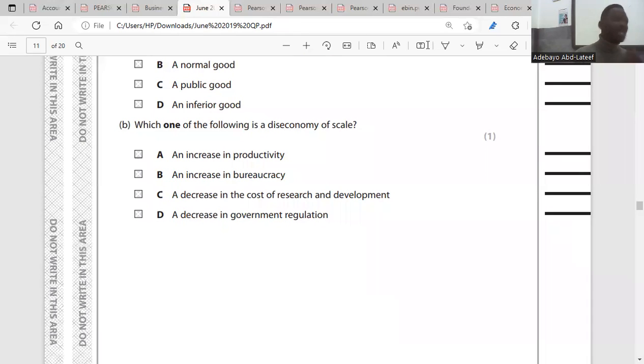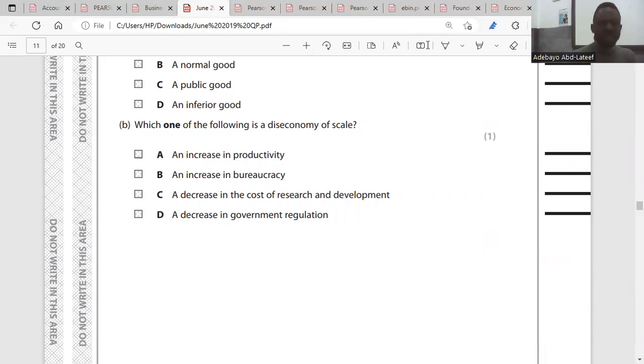Increase in productivity is economies of scale. An increase in bureaucracy, I told you bureaucracy already. Bureaucracy means some people that are not fit for the job are taking the job. So this could lead to what? It's diseconomy of scale. That means the company is expanding, and because the company is expanding, you are giving someone a job that doesn't know how to do the job.